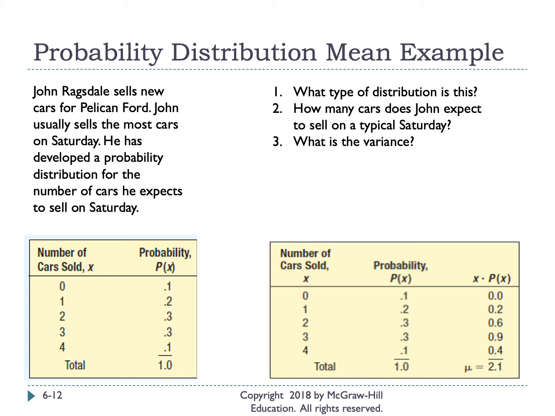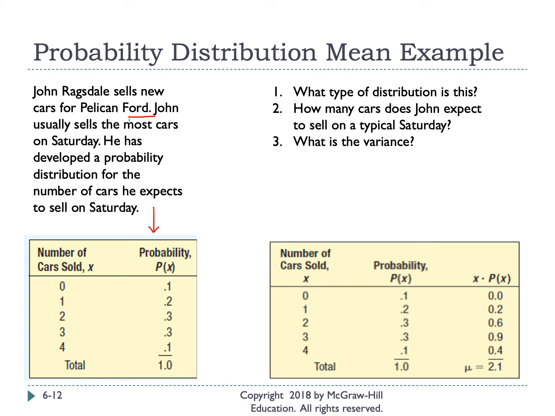In this case, John sells new cars for a company called Ford. John usually sells the most cars on Saturday. He has developed a probability distribution for the number of cars he expects to sell on Saturday. Basically, John has created this probability distribution table.